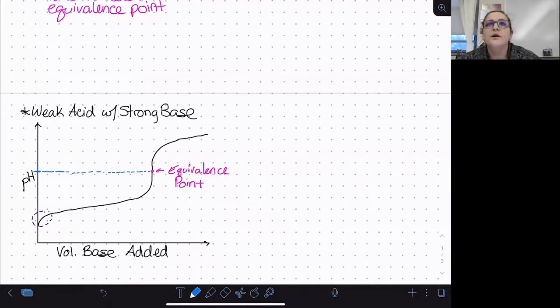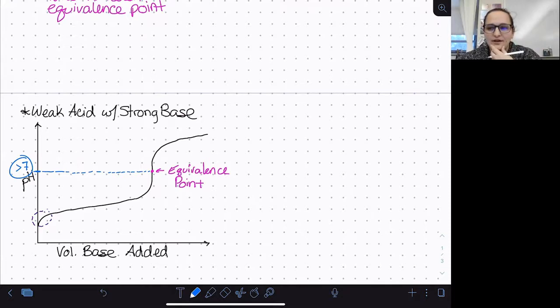Although we have achieved neutralization, that doesn't necessarily mean the pH of your solution is going to be neutral. For a weak acid with a strong base, the pH is going to be slightly greater than 7 at the equivalence point. I'll talk a little bit more about this in a later video.